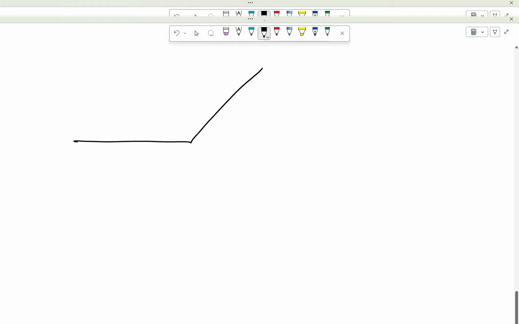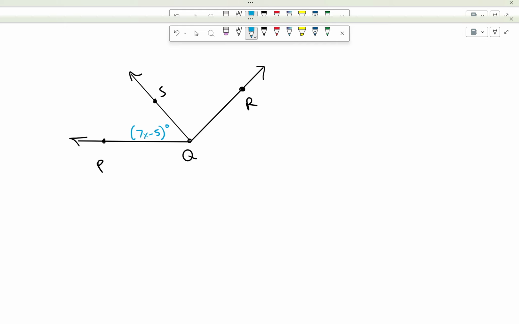Last but not least, in terms of our examples, this one's pretty fun. Last one. Again, do not make assumptions about things being congruent necessarily. So we have P, Q, R, and S. And then we actually have a few other things to write in. Angle PQS is equal to 7x minus 5 degrees, and angle SQR is equal to 9x plus 11 degrees.